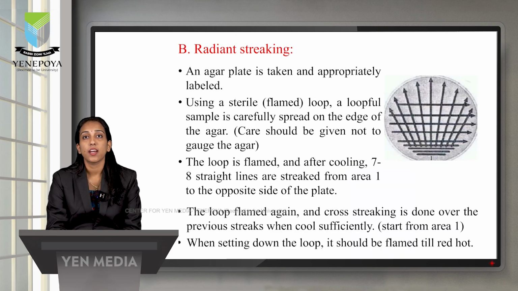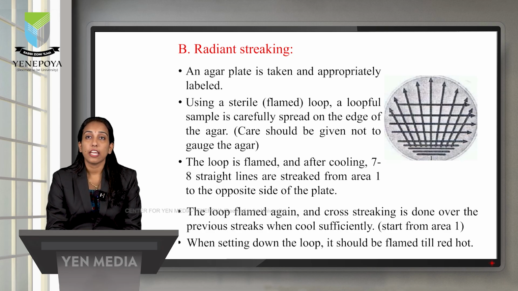Next one is radiant streaking. In a Petri plate with solidified agar, using an inoculation loop from one area, that is area 1, the flamed inoculation loop is used to make 7 to 8 straight lines streaking from area 1 to the opposite end.